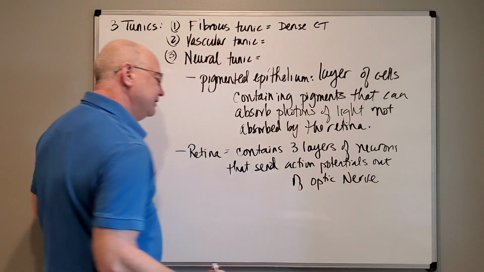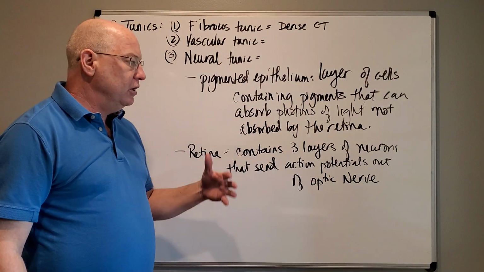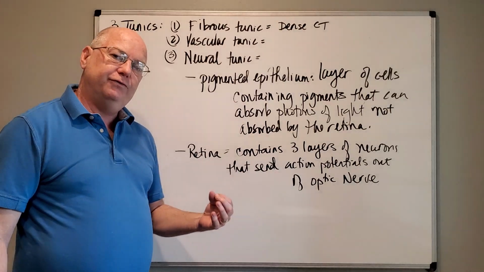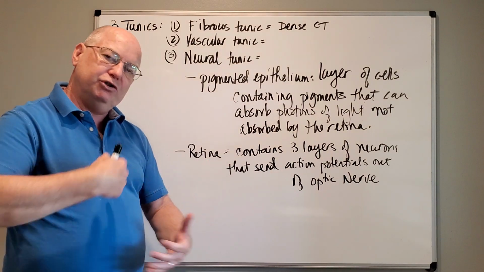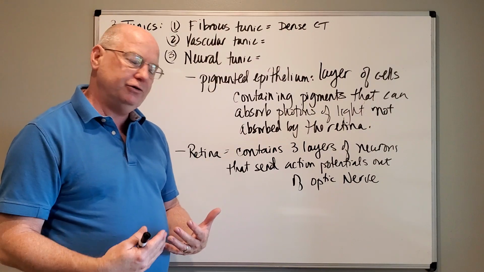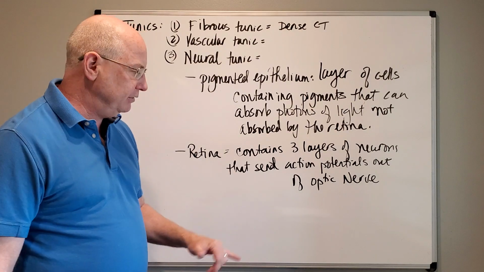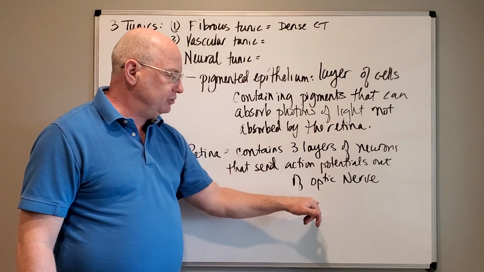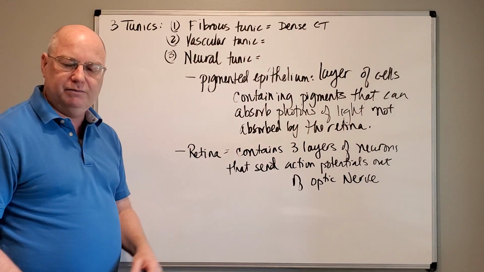Okay? That's not really the best way to define it, but the retina has 3 layers of neurons. One of those layers of neurons is going to be the photoreceptors that receive the photons of light, absorb their energy. It will change their resting membrane potential and alter their physiology, and then they're going to signal 2 other layers of cells that will eventually send action potentials out the optic nerve. Okay, I know my penmanship is not the best, but I'm trying my best.